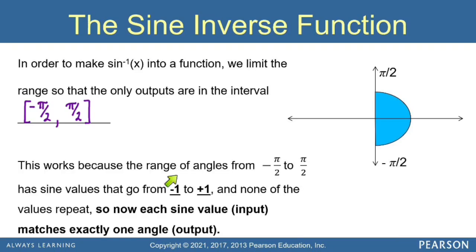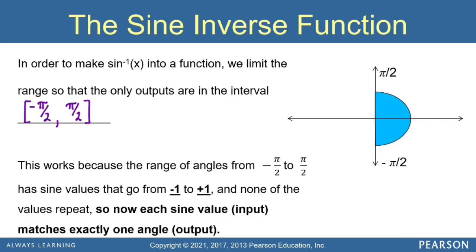So this works because the range of angles from -π/2 to +π/2 has sine values that go from -1 to +1, and each sine value is represented exactly once, so none of the values repeat.